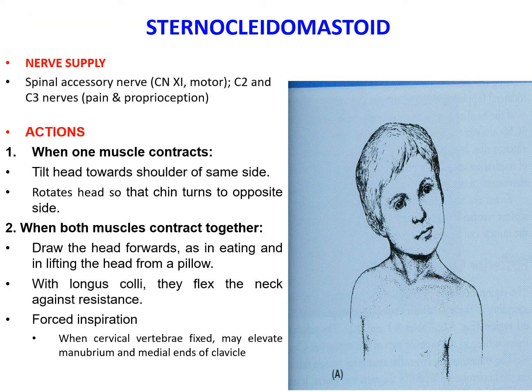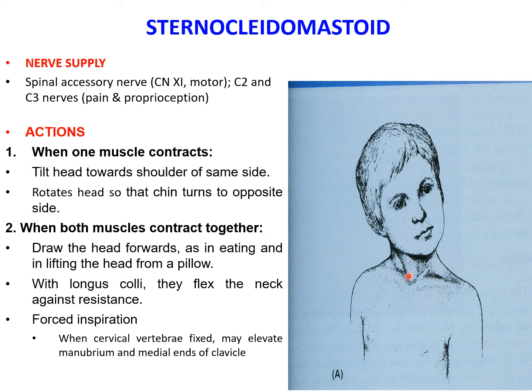The nerve supply of the sternocleidomastoid muscle. The motor nerve supply is by the accessory nerve, whereas the ventral rami of the C2 and the C3 cervical nerves carry the pain and the proprioceptive sensations. Coming to the actions of the sternocleidomastoid muscle.